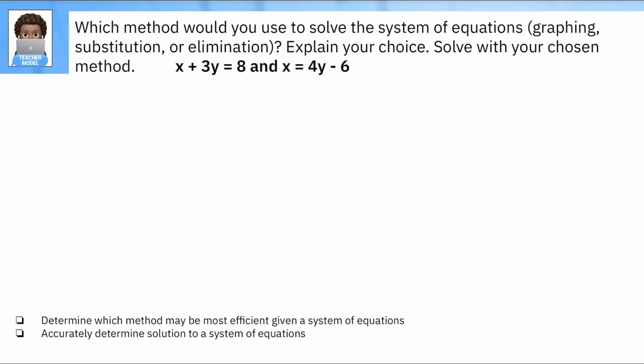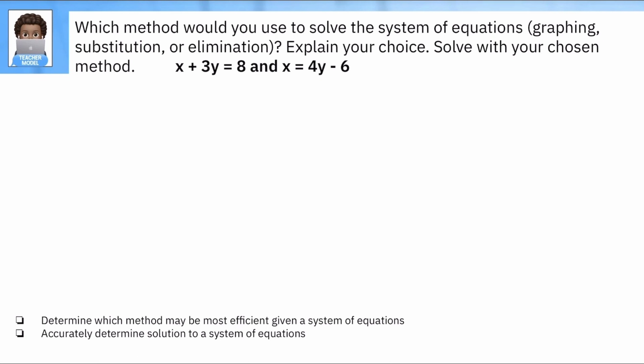All right, now it's your turn to try. Here are your 2 equations. Which method would you like to choose, and explain why you've decided to choose that method? So hit pause and try this for yourself. Okay, so if you did this on your own, you would have what?